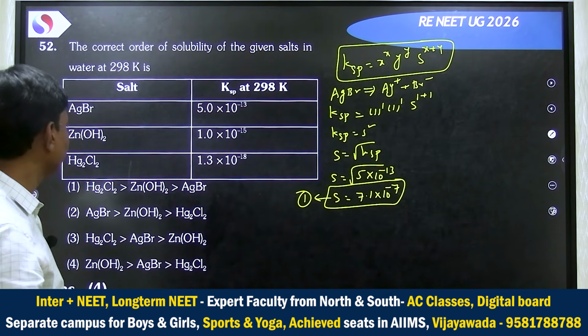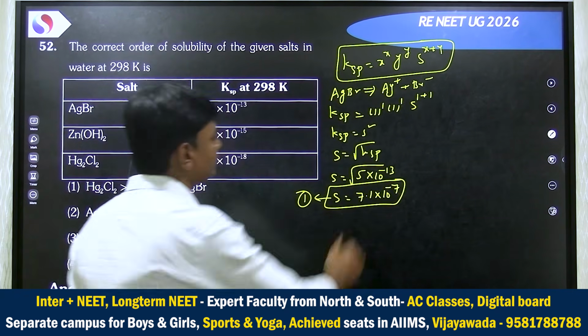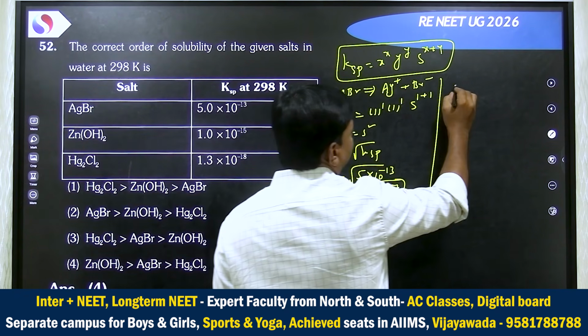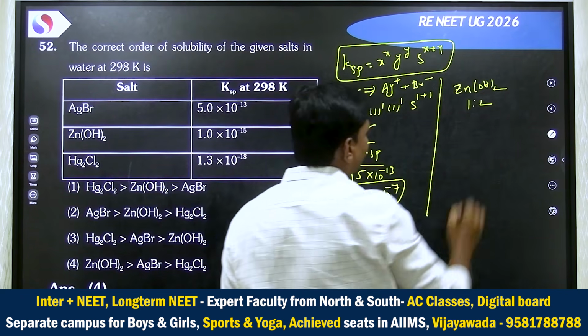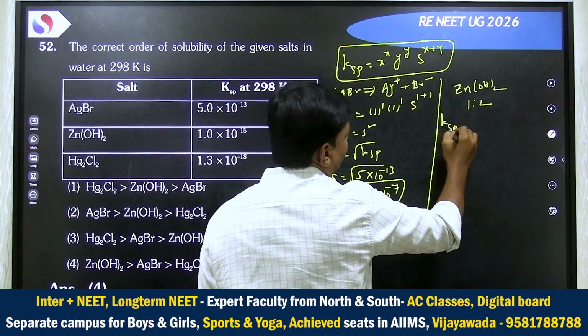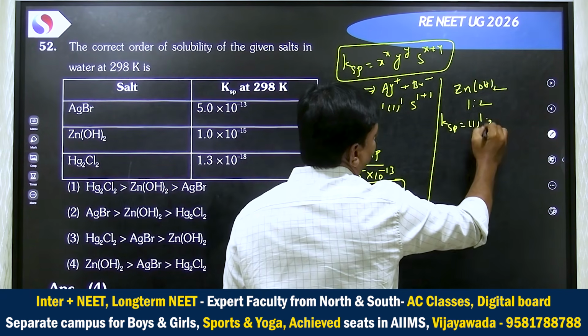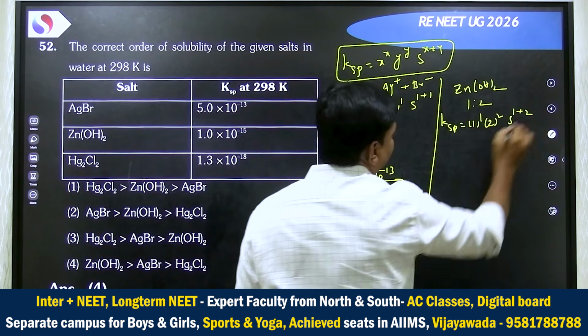So we have to calculate the second solubility, of Zn(OH)2. Zn(OH)2 is a 1:2 ratio. Then Ksp is equal to 1 to the power 1, 2 to the power 2, s to the power of 1 plus 2.